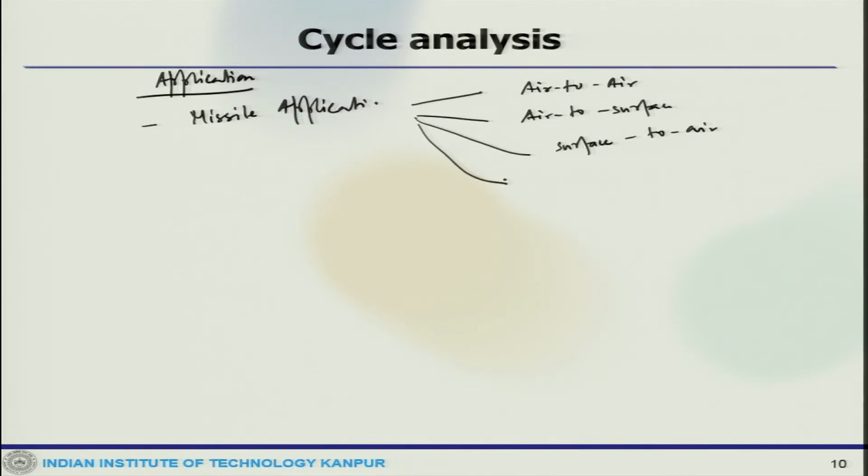Then you have surface to air missiles, again with examples like MBDA and LFK NG, which are US based. Then you can have anti-ship missiles. So, these are different missile applications. Then you can have aircraft applications. A variant of the pure ramjet is coupled to another type of engine like a piston, turbojet or turbofan to power the aircraft.